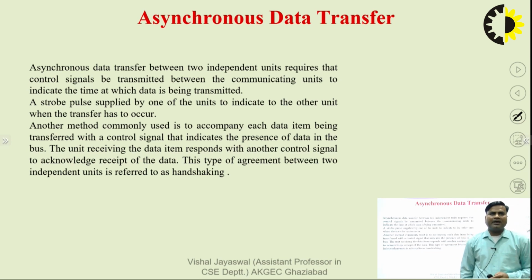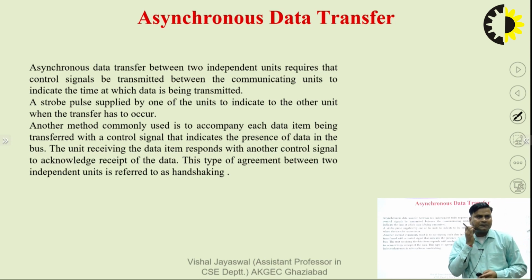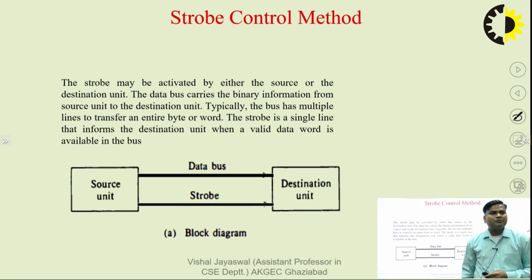Basically, for asynchronous data transfer we have two methods. The first one is the strobe control method and the second one is the handshaking method. We discuss the first method, the strobe control method.